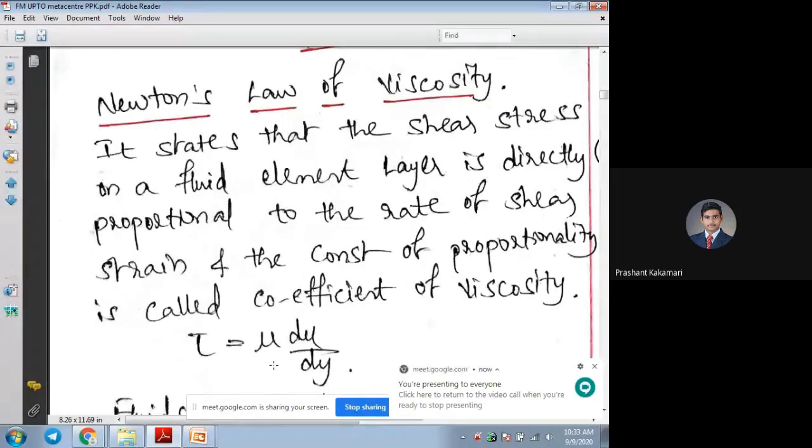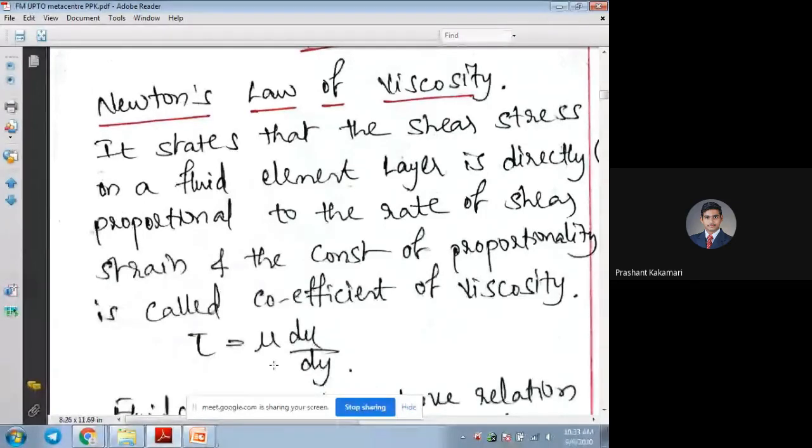The rate of shear strain is the velocity gradient. The constant of proportionality is called the coefficient of viscosity.